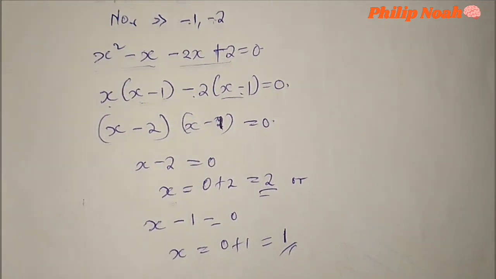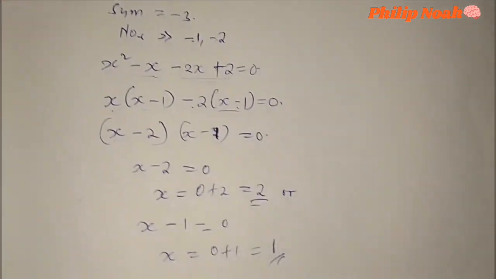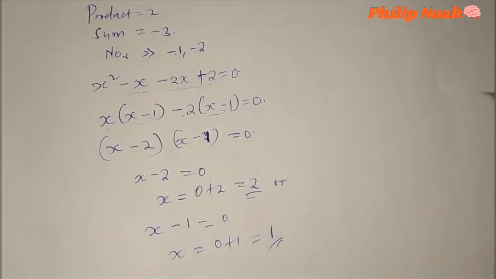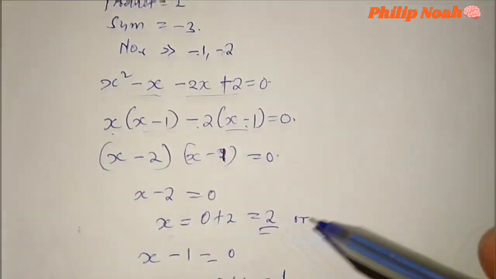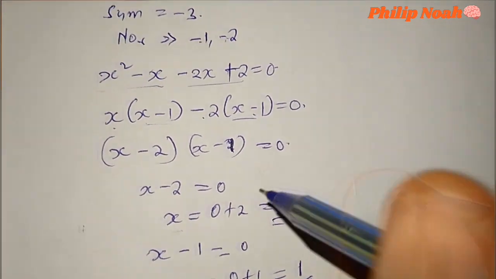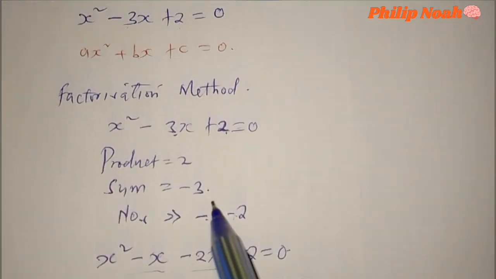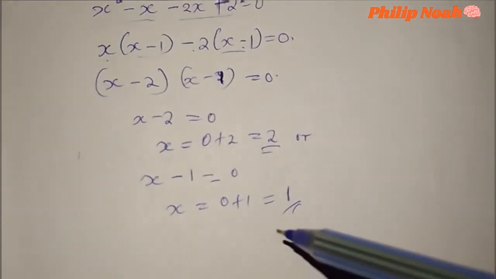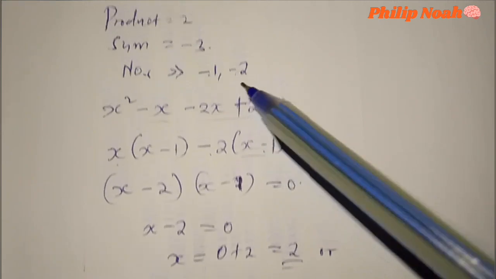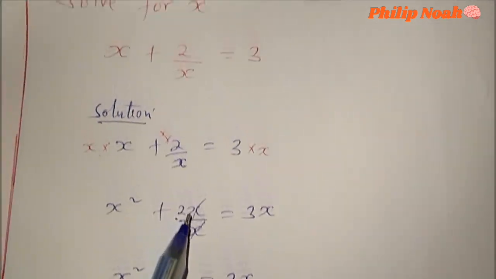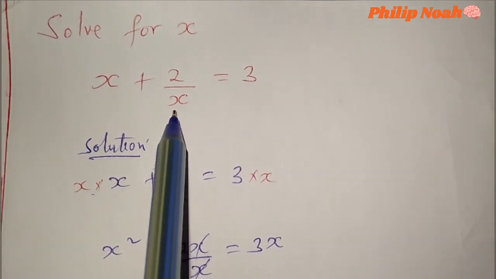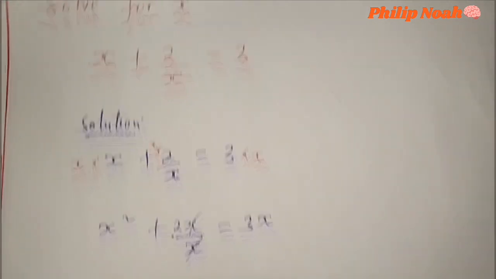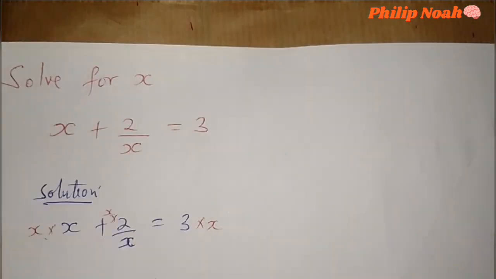So x is either 2 or 1, meaning that 2 as the value of x satisfies this equation, and also 1 as the value of x satisfies this equation. x is equals to 2, x is also equals to 1. You can verify and see.